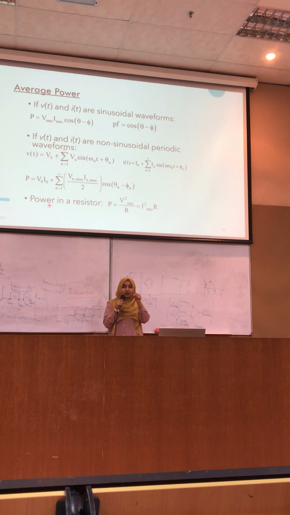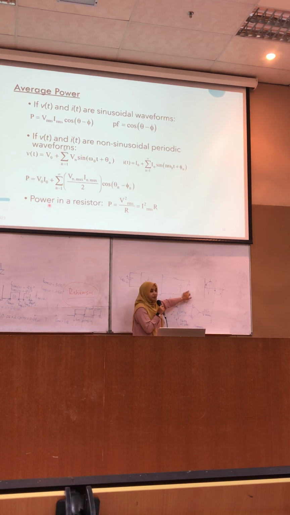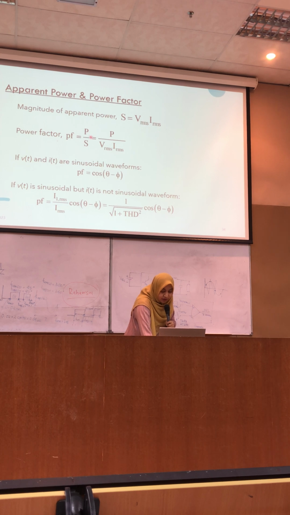So that R, you only take the R for average power. Only R, even though you have an inductor here. So that is how you calculate the average power or DC power.